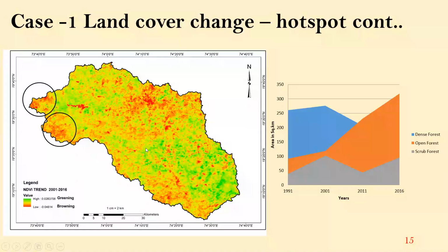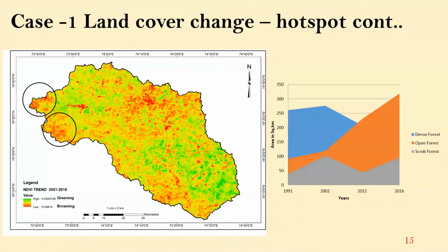So we looked into what was the reason it happened. We came to know there is a degradation of dense forest canopy going into open forest, and there is an increase in scrub forest too in recent years. Whatever you are seeing here in browning, or red in color, are the hot spots where the degradation is happening.